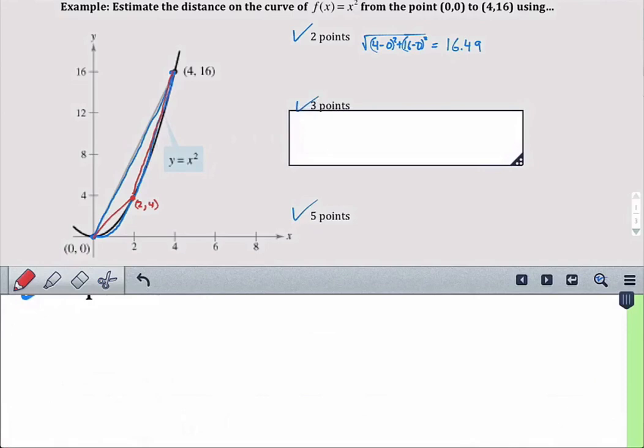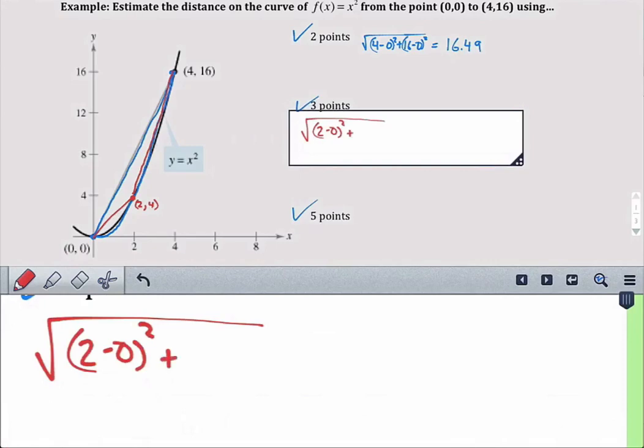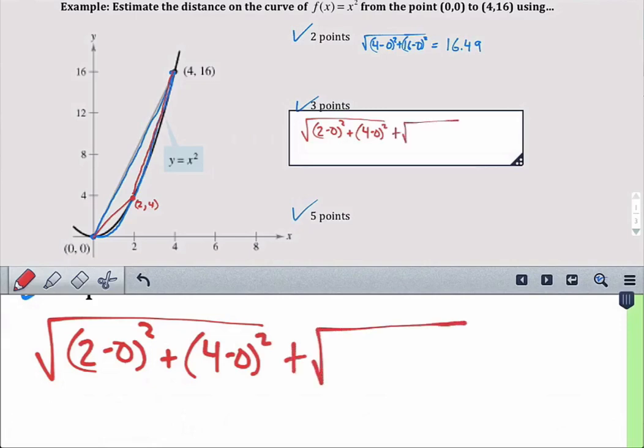So the first one is going to be the square root of (2 minus 0) squared plus (4 minus 0) squared, and then plus the second line segment from (2, 4) to (4, 16). So that's going to be the square root of (4 minus 2) squared plus (16 minus 4) squared.